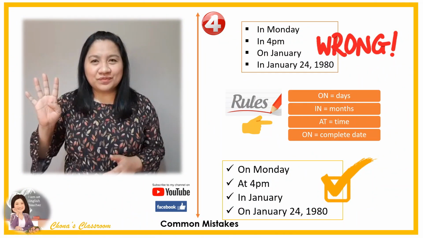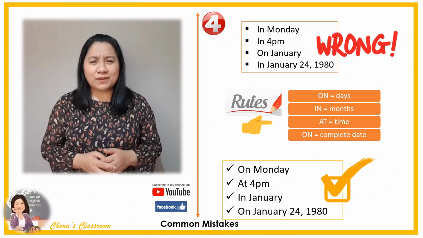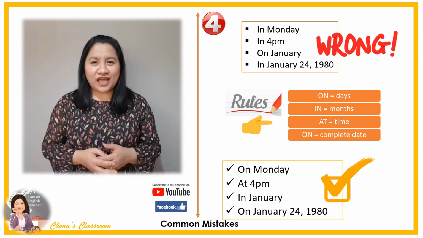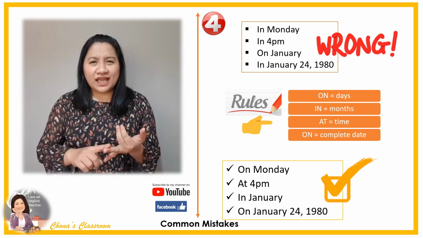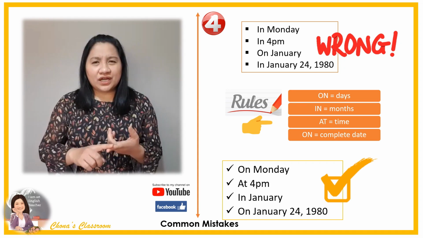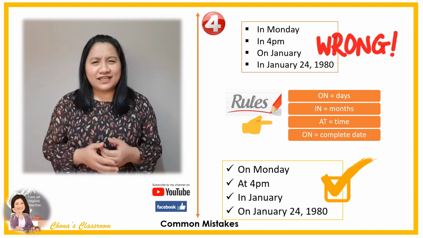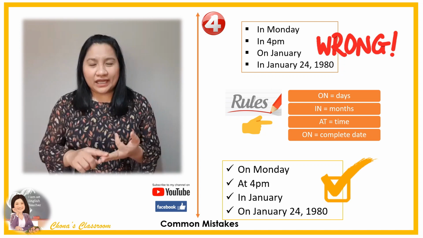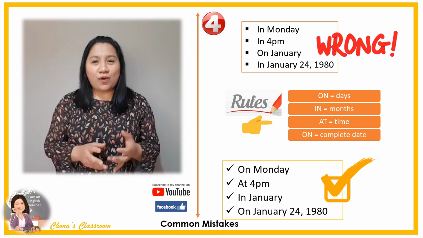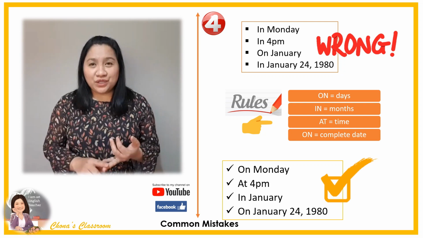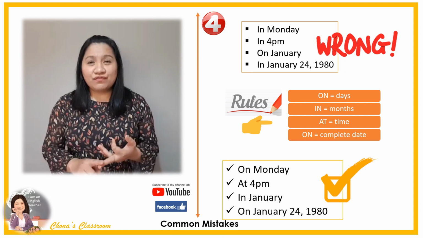Number 4. A lot of people are confused about which preposition of time to use when it comes to days of the week, time of the day, months and year, and even complete date. Is it in, on, or at? For days of the week, we use on. For months, we use in. In also for year.